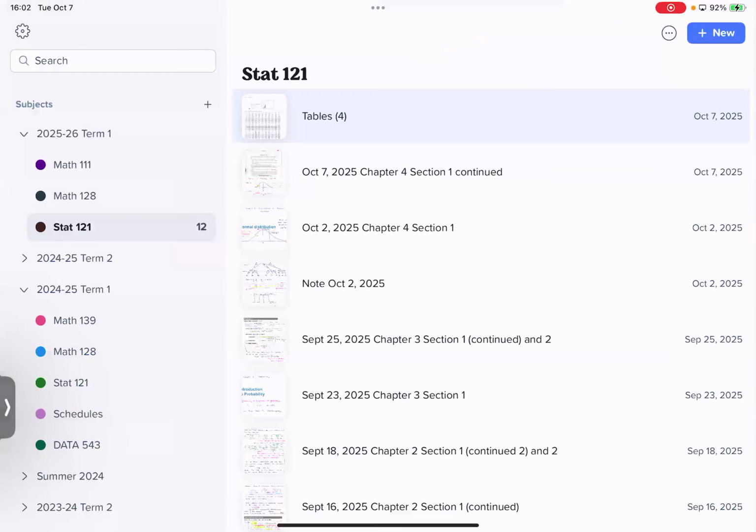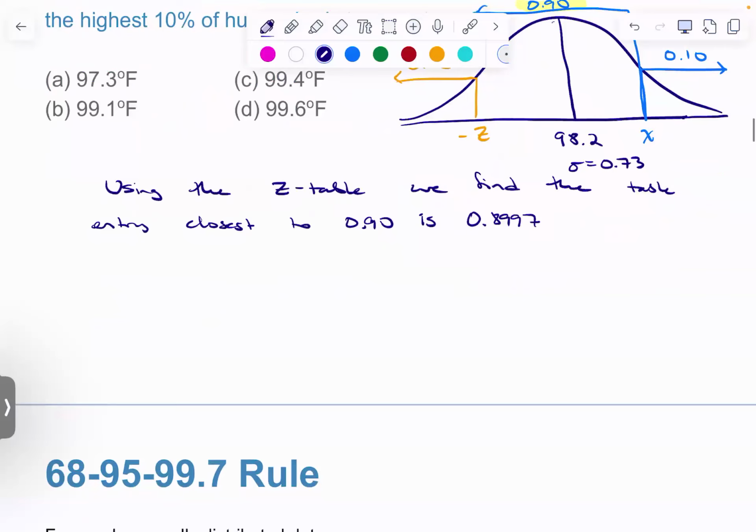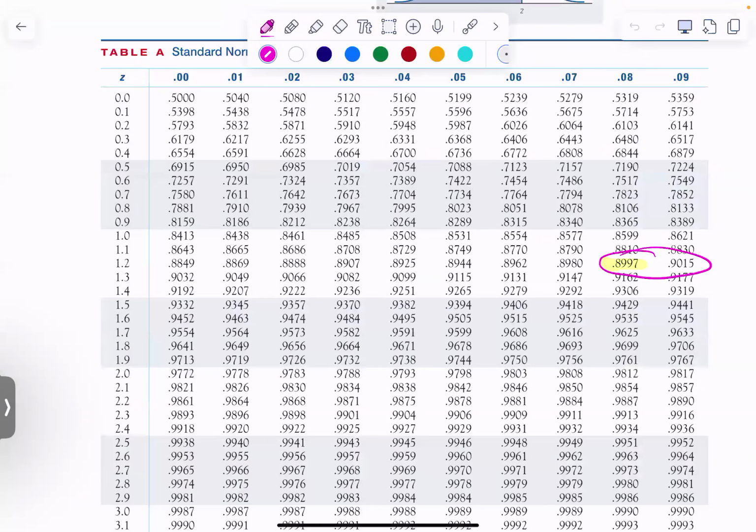So I'll jot that down. It is 0.8997, which corresponds to some Z. Z equal to... and this is where you want to use some sort of straight edge, right?